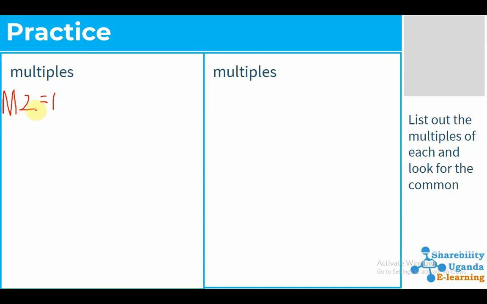You can multiply them up to infinity. We shall call the product of those two numbers a multiple of 2.